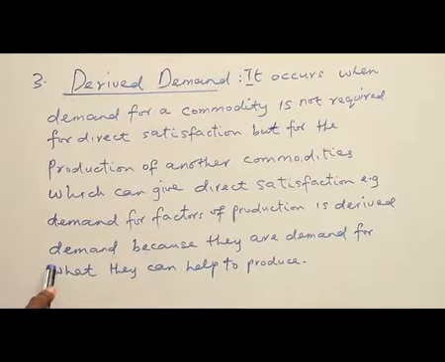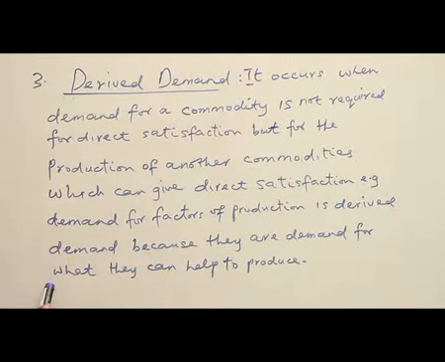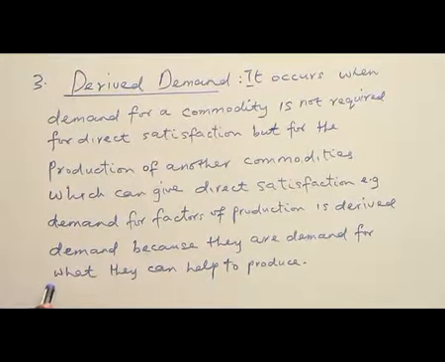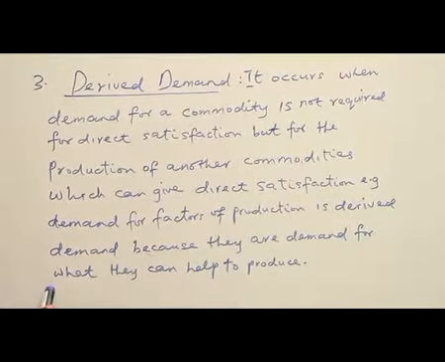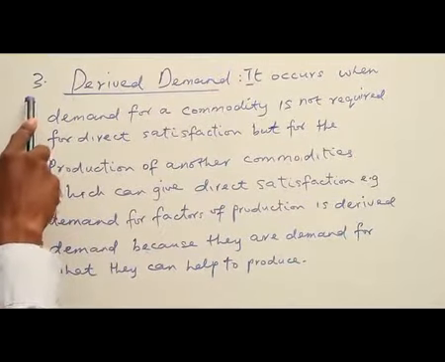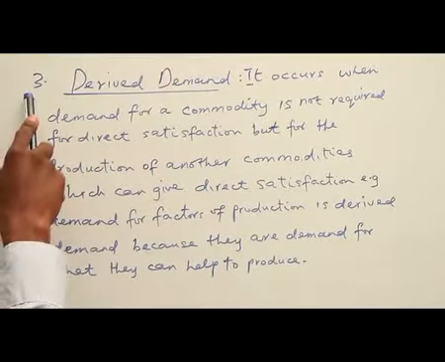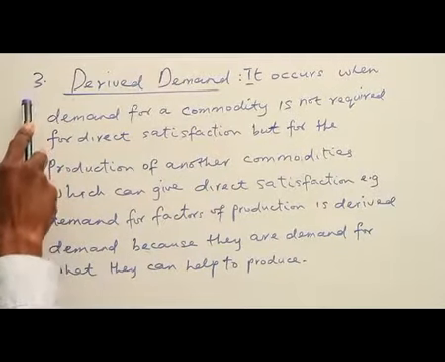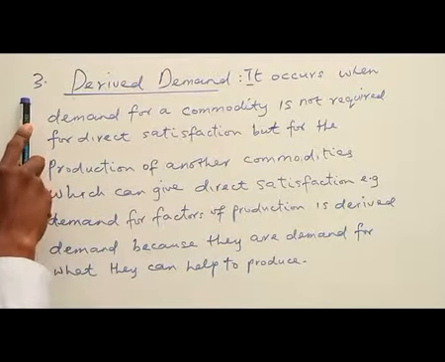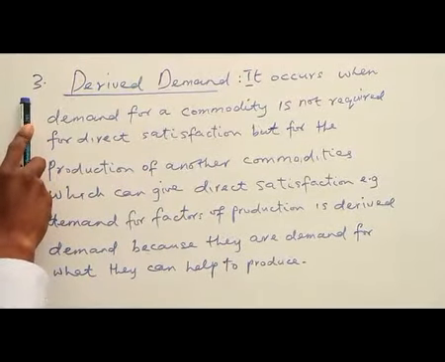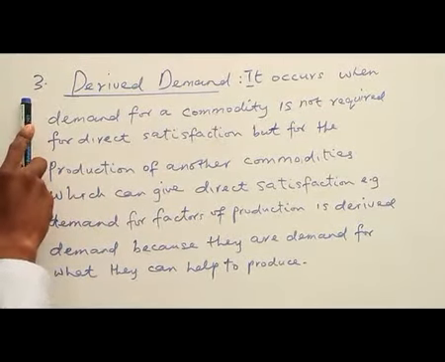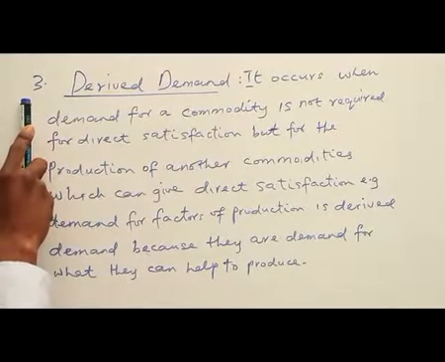So kerosene, stove, they are derived demand. But after cooking, maybe rice, stew, and so on, all these are our direct satisfaction. So in derived demand, we have two commodities: direct satisfaction and indirect satisfaction. So when you say indirect satisfaction, that is, we just need them in order to produce direct goods that can give us direct satisfaction.